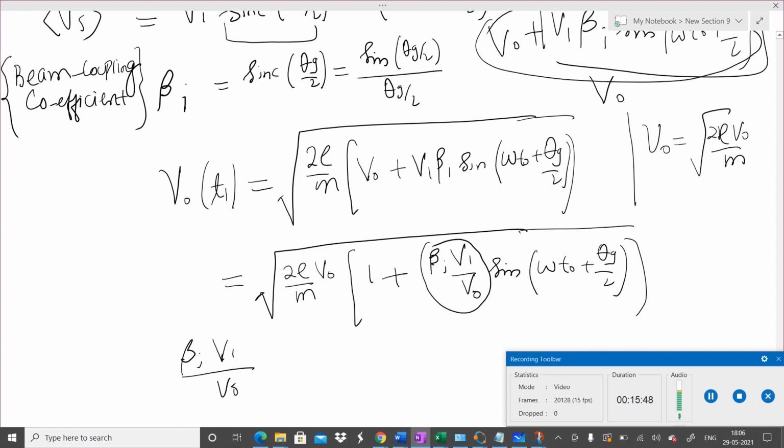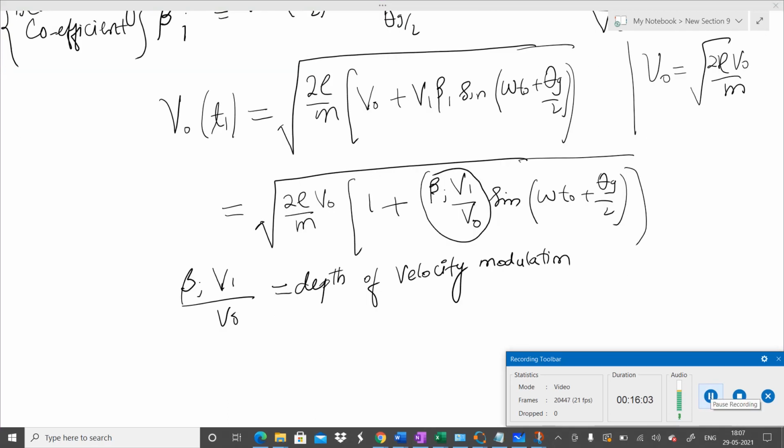If you recall your amplitude modulation, there used to be something called a modulation index, which defined how much modulation will occur. In AM you have over modulation and so on and so forth. So this also has a name called depth of velocity modulation. And one more thing, we already have assumed that v1 is much less than v naught. Hence this beta I v1 by v naught is much less than 1.